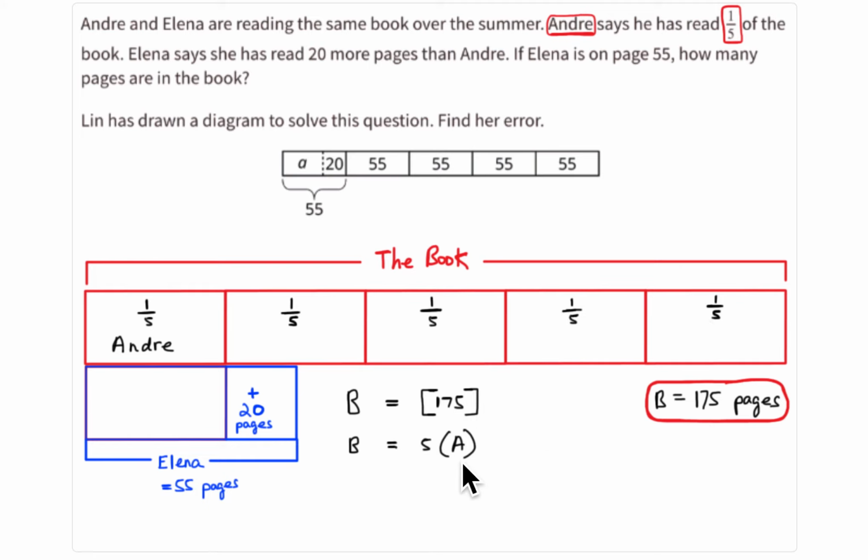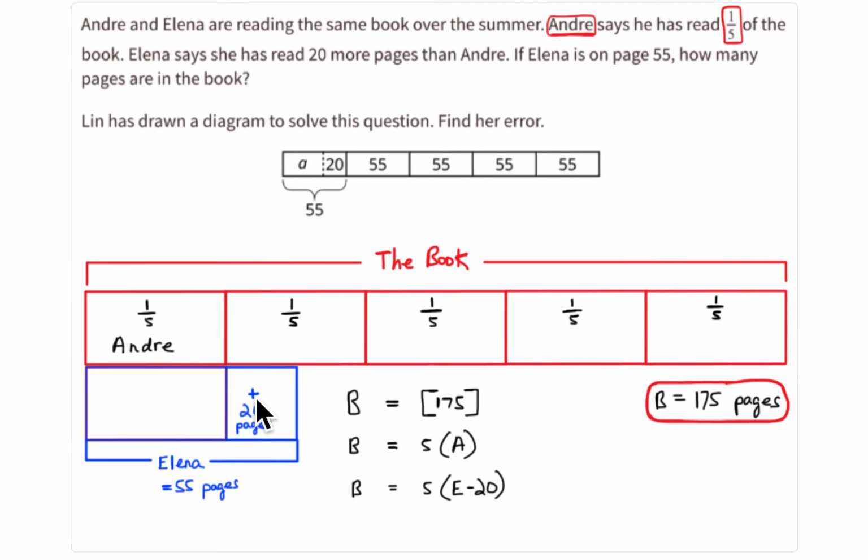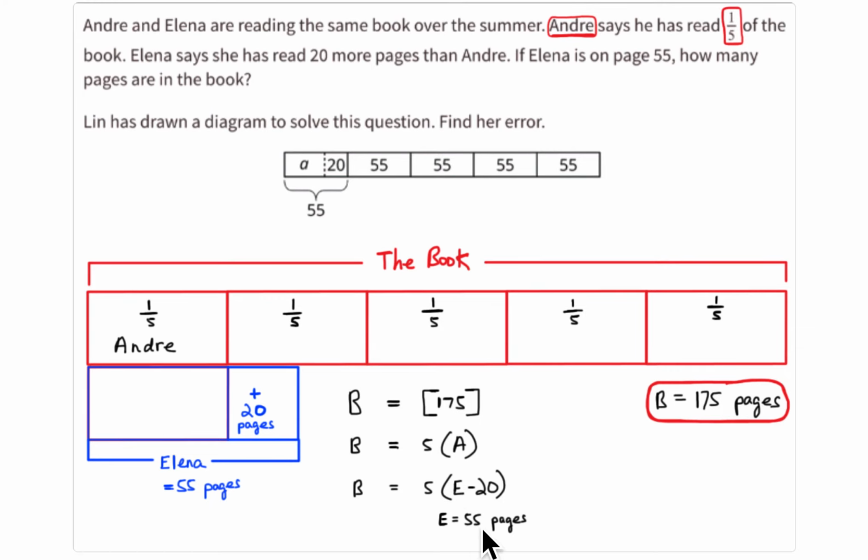We also know that Andre's length here is Elena minus 20 pages. So Elena, which is this length, minus that 20 pages, gives you what Andre read. So this Andre here can be replaced with Elena minus 20 pages. So the length of the book is 5 times Elena minus 20, and we know that Elena is equal to 55 pages.